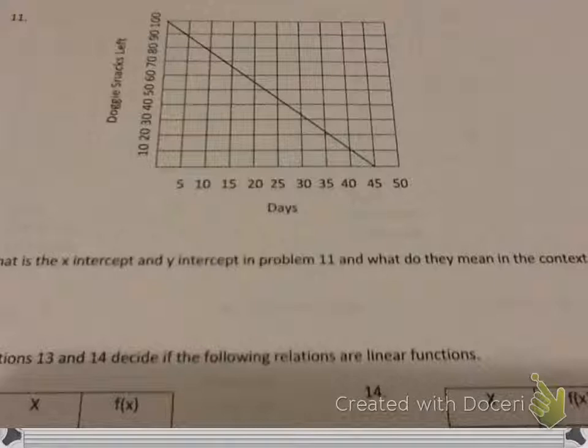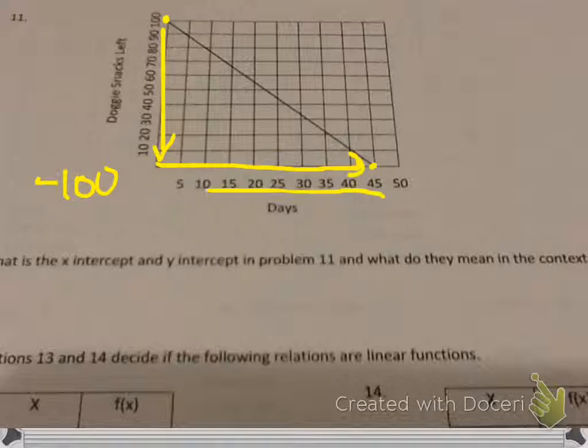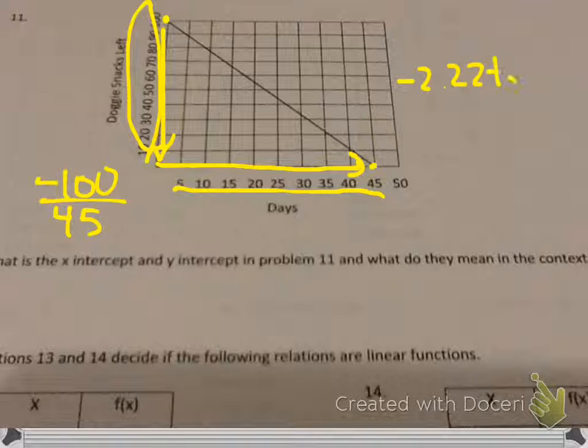Number 11, you have these 2 points. You should see that this is going down 100, and then it's going over 45. I'm going based off the numbers here. When you do that and simplify that, you get negative 2.22 treats over 1 day.